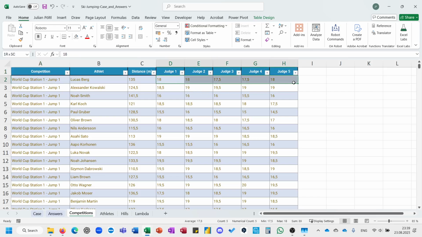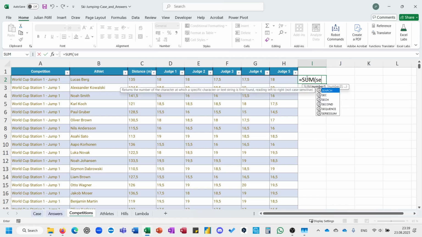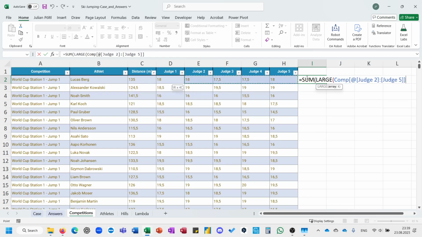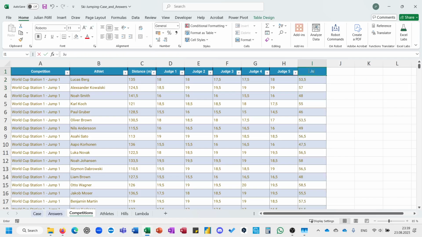So you either sum this and do minus max and minus min, but I normally use something like SUM of LARGE of this array, and then SEQUENCE 3 starting from 2, so I get the second, the third, and the fourth largest number. And this is then judge points.